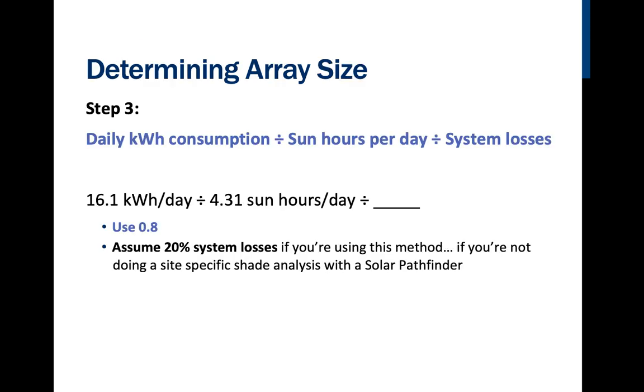So we take step 3, we take our daily consumption and we divide that by our daily solar resource, in this case 4.3 sun hours per day.